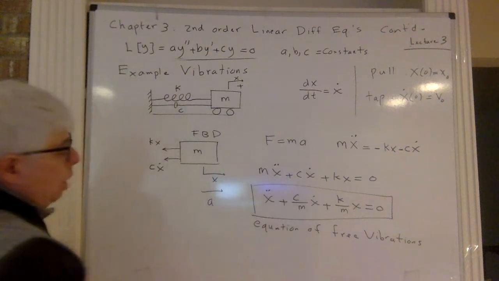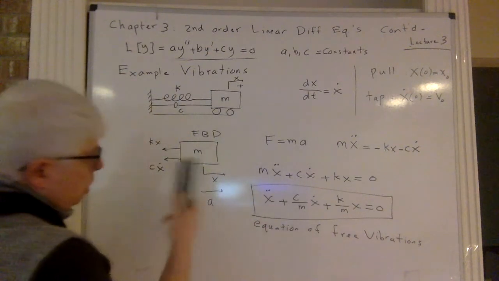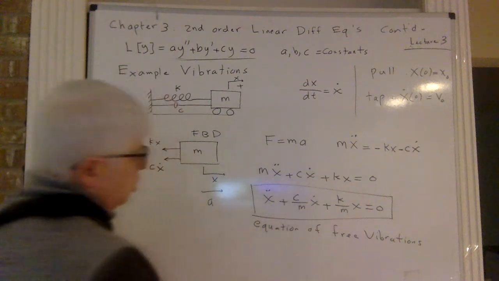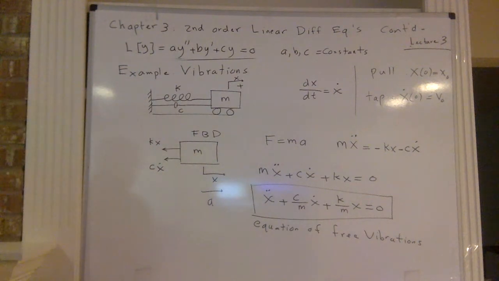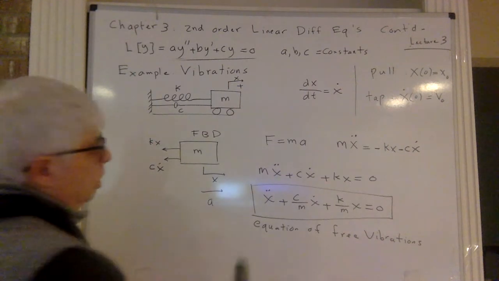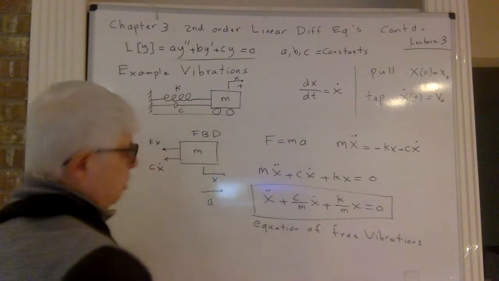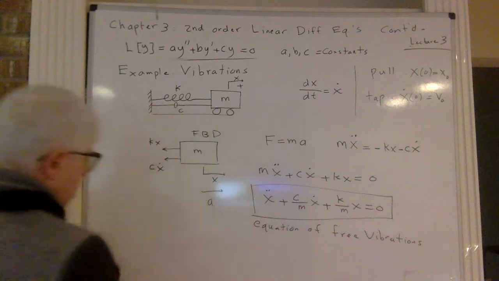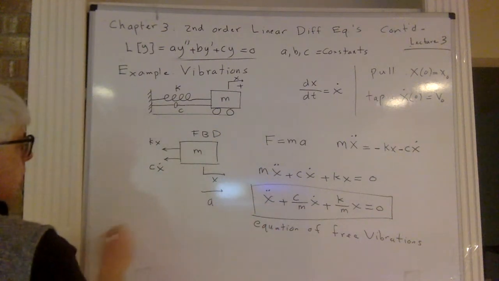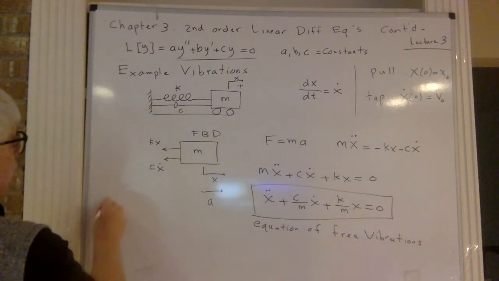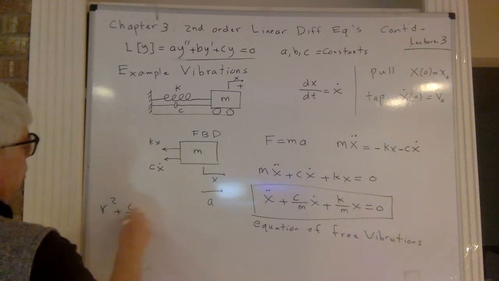Now, as you see, everything here is positive. M, C, and K are positive. Let me write down the solution. The characteristic equation is r squared plus c over m r plus k over m.